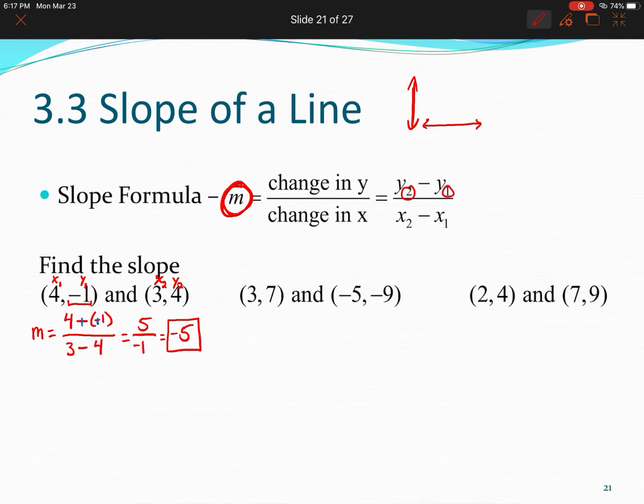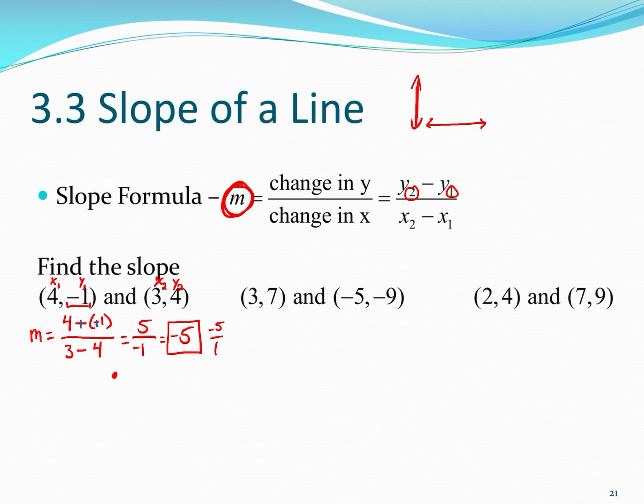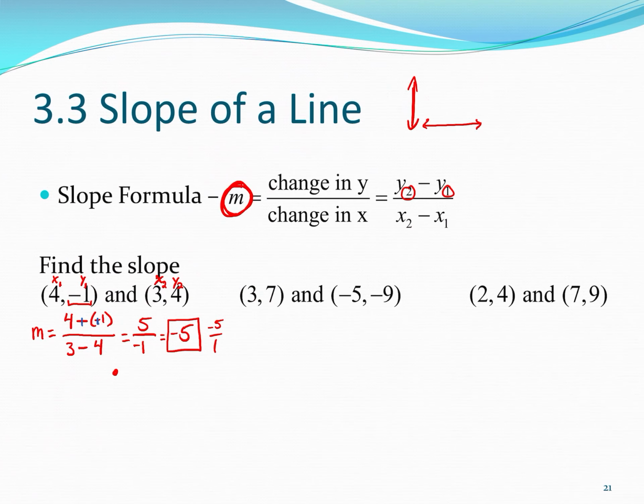And so when we look at this one, for example, this slope of -5 means that if we have some point on this line, for every 5 units that we go down, because it's negative, and then right 1 unit, because remember, -5 is the same thing as -5/1, we should have another point on that line.